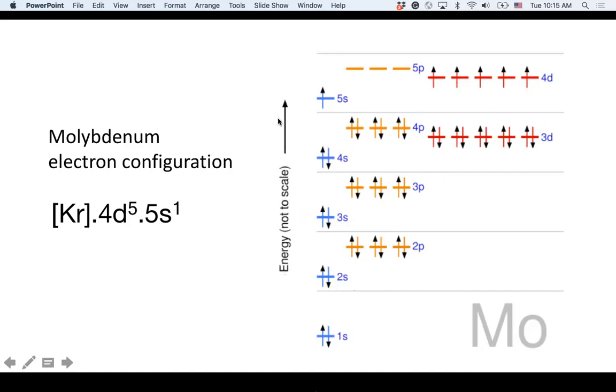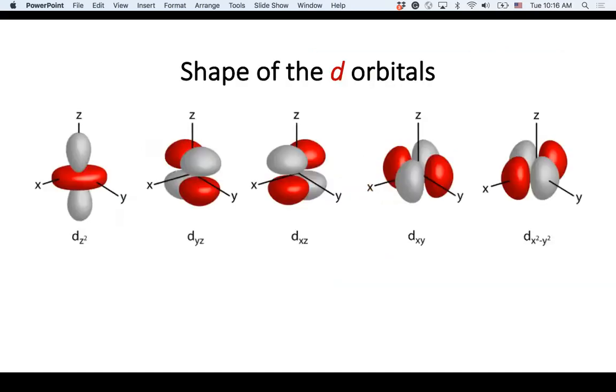This energy is not to scale, but you know their relative position. So the relevant electrons are on the 5s shell and the 4d shell, totally 6 of them. Any questions? These d orbitals are important to understand the electronic properties of MoS2.